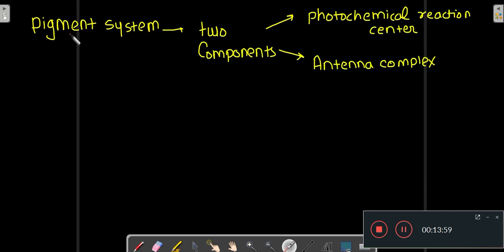Now this pigment system is made up of two components. The first component is the photochemical reaction center, and the second component is the antenna complex. Photochemical reaction center and antenna complex are the two components of the pigment system.